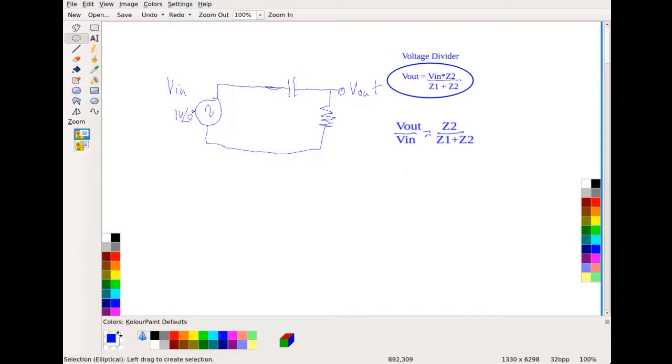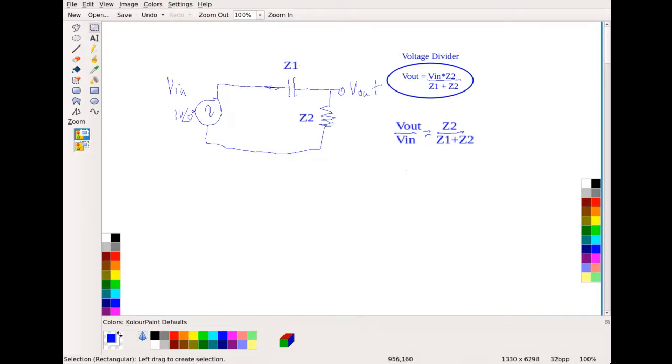Let me label these. This value here is going to be Z2, because we're going to be interchanging the capacitor and the resistor and where they're at later on. So we have this impedance Z1 and this impedance Z2.